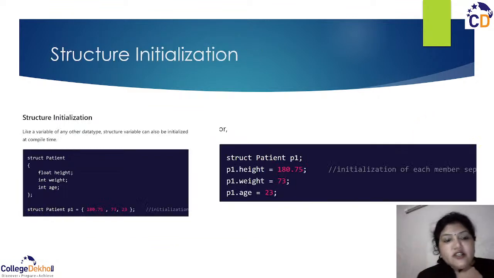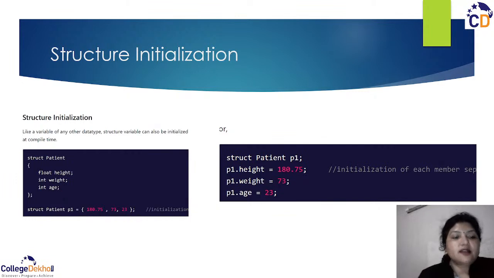Then we have structure initialization. Suppose I want my p1 variable to hold this kind of value, or I may define it in another way. So let us see how we initialize the structure. Structures, like a variable of any other type, can also be initialized at compile time. So you may initialize at compile time.